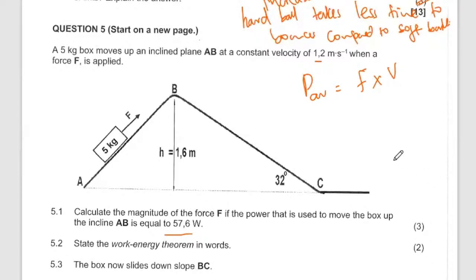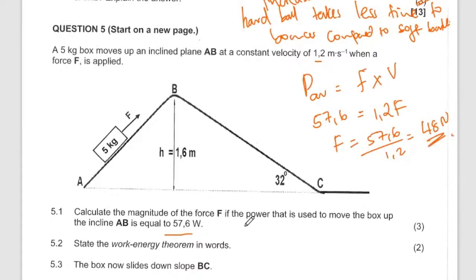So we have our power, we have our velocity. So we're going to have 57.6 equal to the velocity, which is 1.2, times F. Then divide both sides by 1.2. So 57.6 over 1.2, and we get 48 newtons. Okay, so this is the magnitude of the force that's pulling this object.